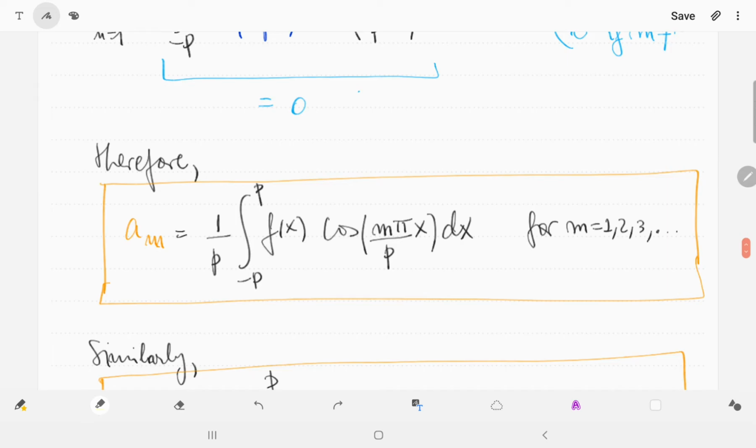So we already have a0 and am. a0 we obtain by integrating only f, which is also integrating f times 1.